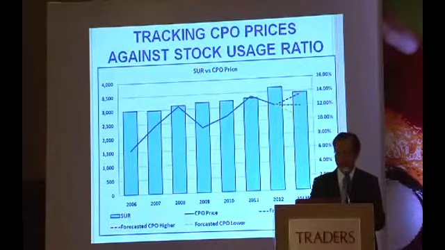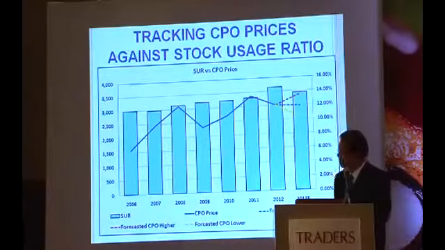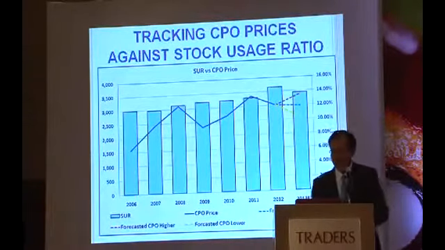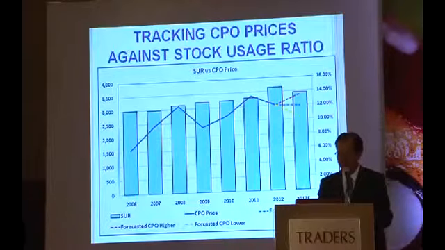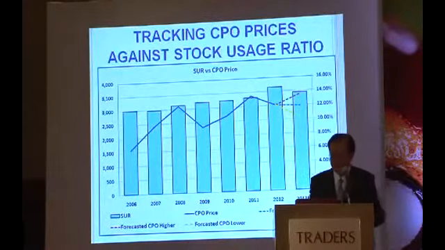Stock usage ratio would indicate tightness of supply in the marketplace. And last year, the stock usage ratio went up, 2012, and price came down a little. And this year, there is no real improvement.